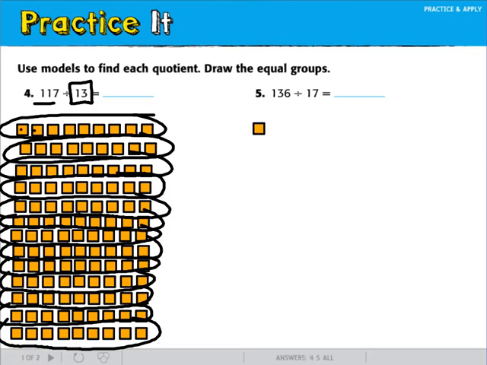So count 1, 2, 3, 4, 5, 6, 7, 8, 9. So how many do I have in each group? 9. So there's my answer. Yes, you have to draw this out.